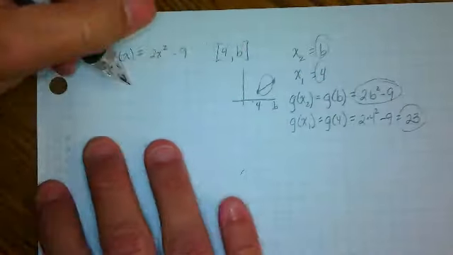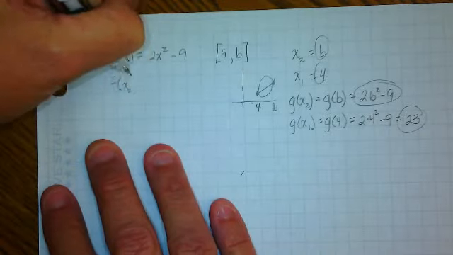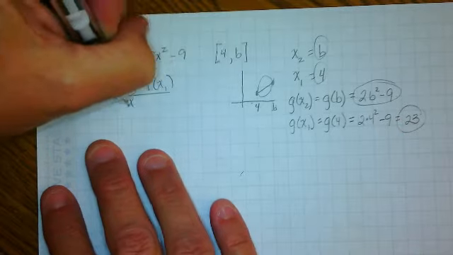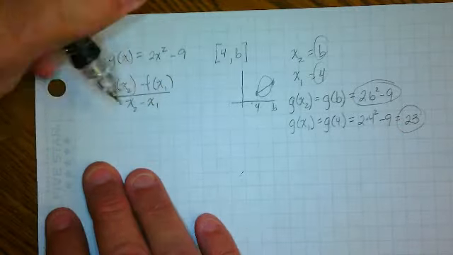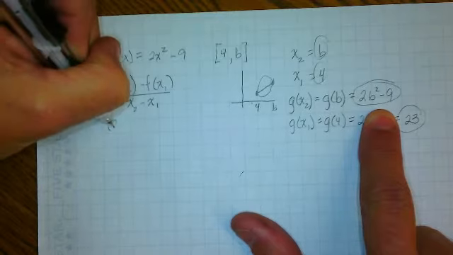So now, using these four values, we're going to replace. Our formula looks like this: g of x2 minus g of x1 over x2 minus x1.